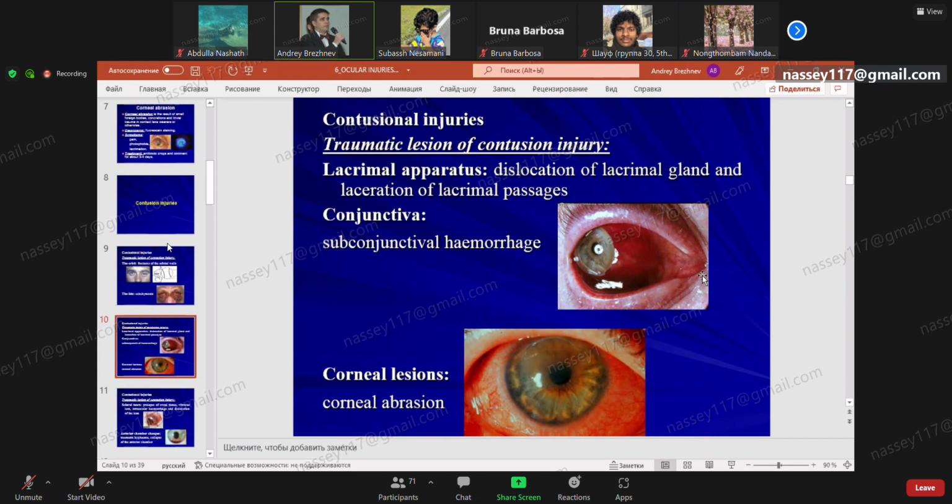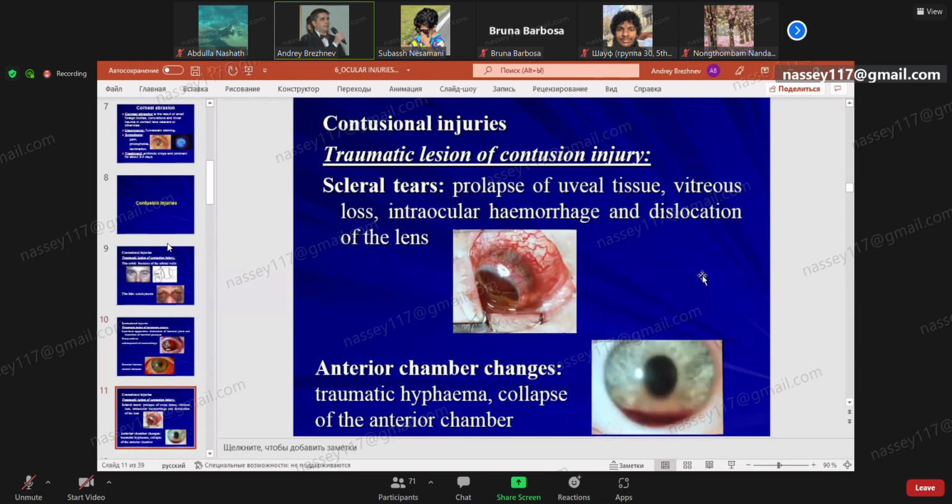Cornea. In case of trauma, we sometimes see corneal erosion, which we have already discussed. And let's continue with the inner structures of the eyeball. Sclera. I started with the explanation of scleral tears.